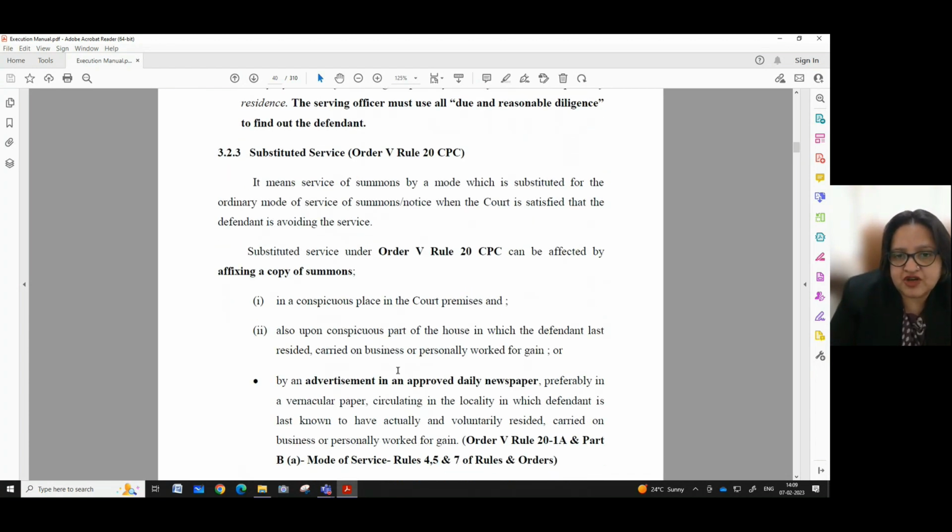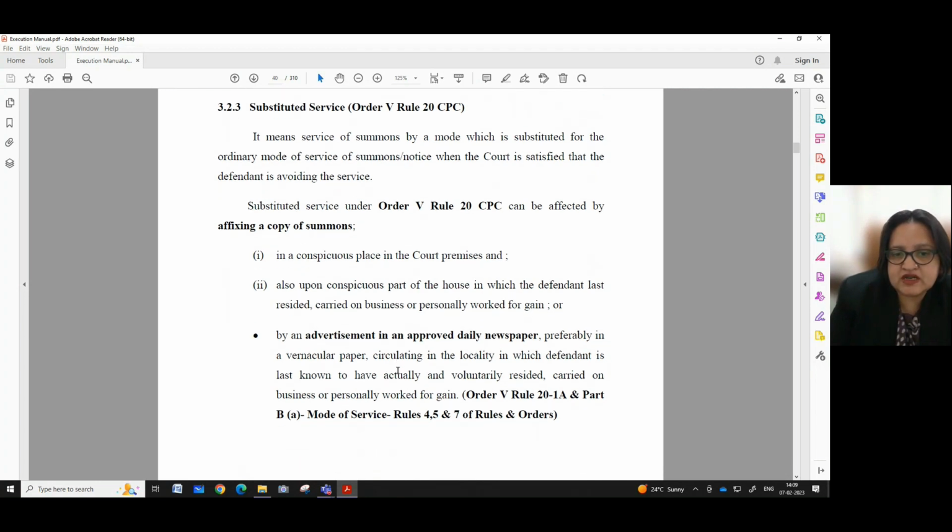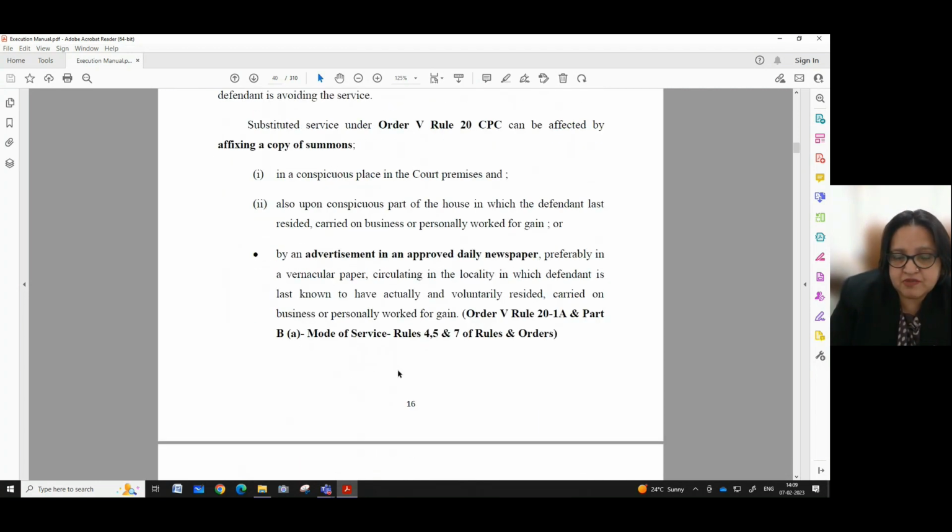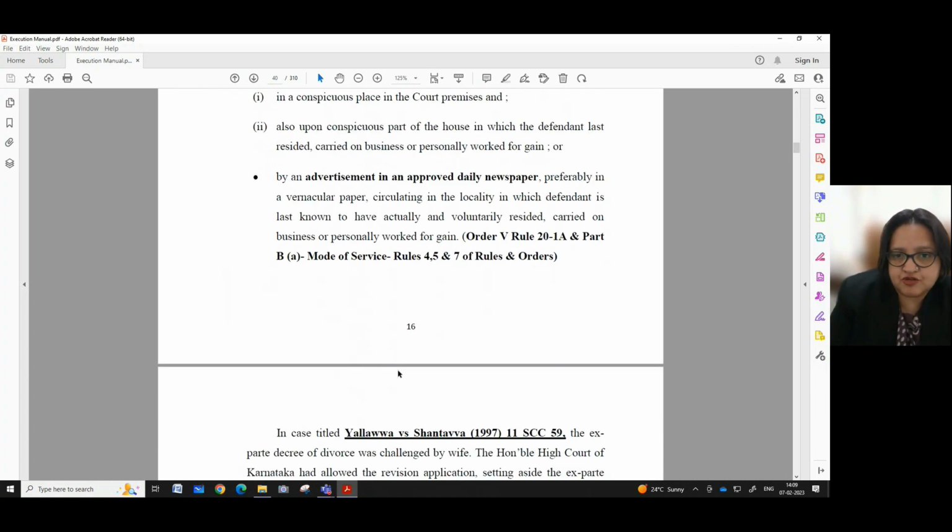Substituted service under Order 5, Rule 20 CPC can be effected by affixing a copy of summons in a conspicuous place in the court premises and also upon a conspicuous part of the house in which the defendant last resided, carried on business, or personally worked for gain, or by an advertisement in an approved daily newspaper, preferably in a vernacular paper, circulating in the locality in which the defendant is last known to have actually and voluntarily resided, carried on business, or personally worked for gain.